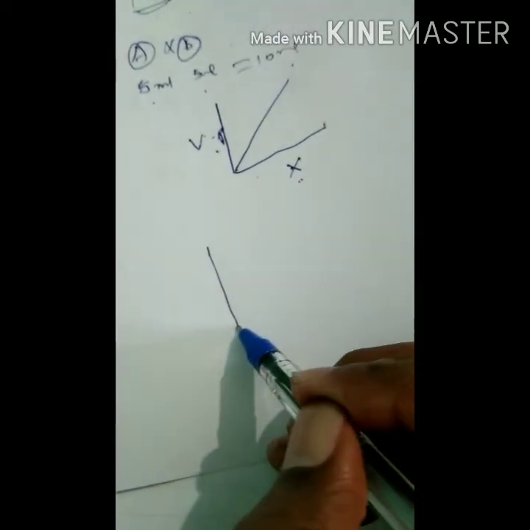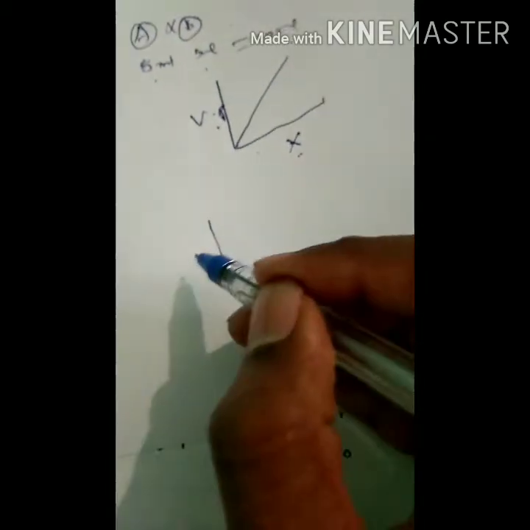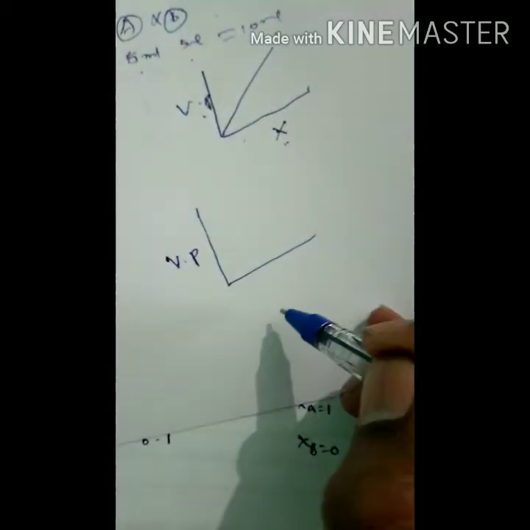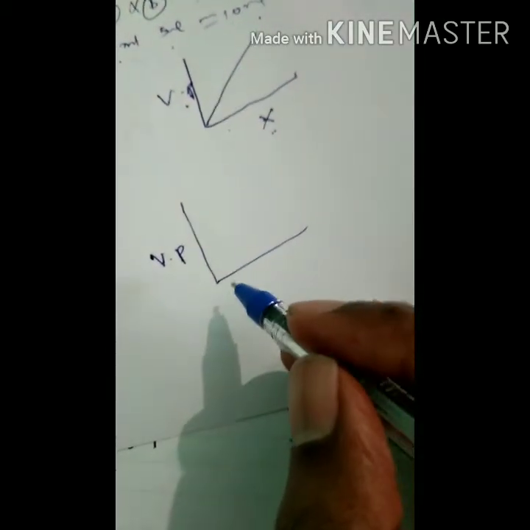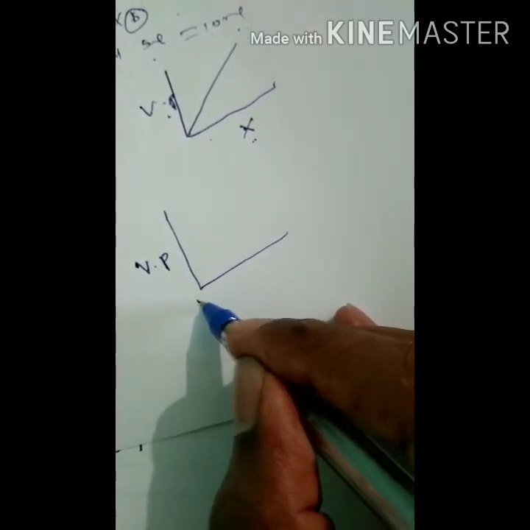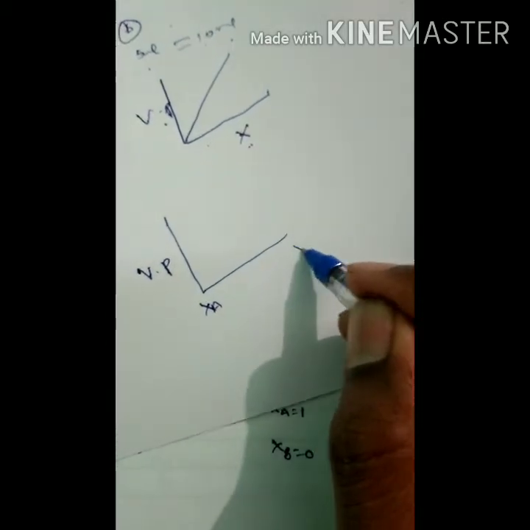Here I explain one more graph, also drawn between vapor pressure and mole fraction. Here I take two liquids, one on this side and one more on this side.